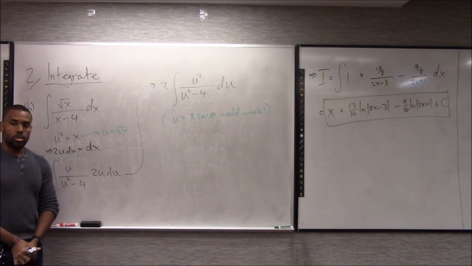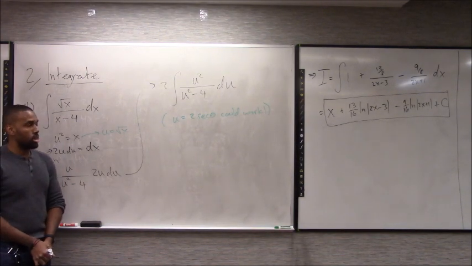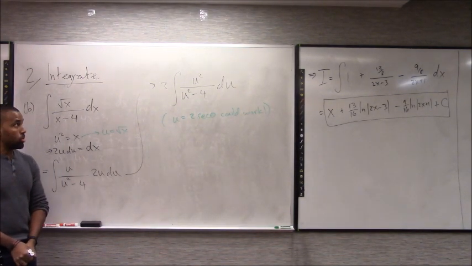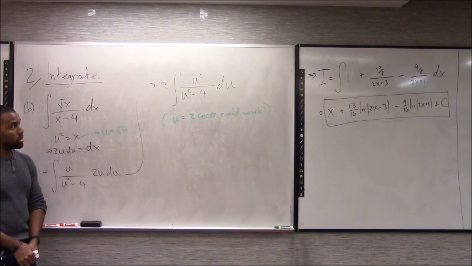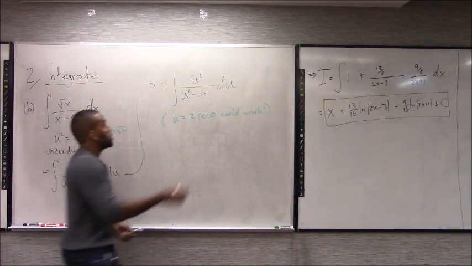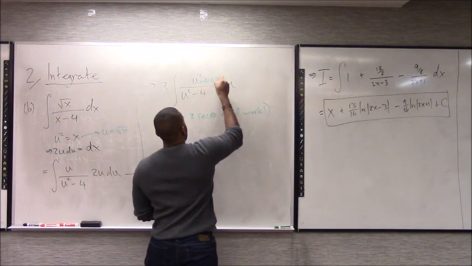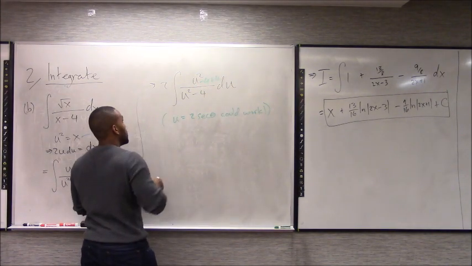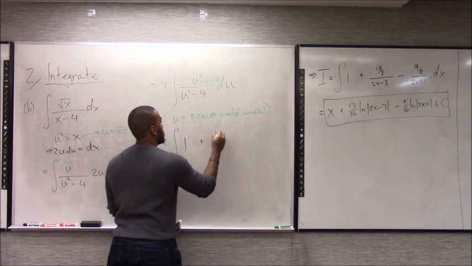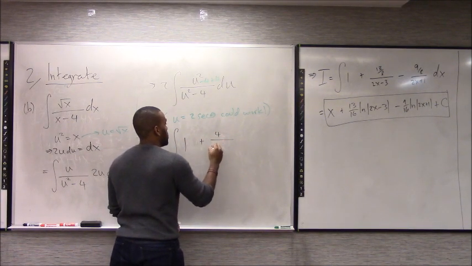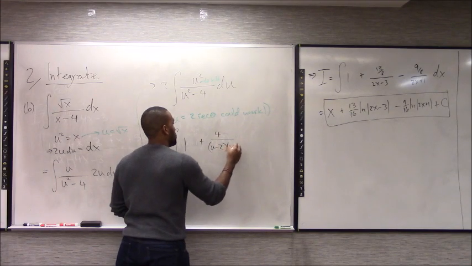So if I take that out of the options, what would you do here? Yeah. Minus 4 plus 4 in the numerator. So this would become 2 times the integral of 1 plus 4 over u minus 2 times u plus 2.